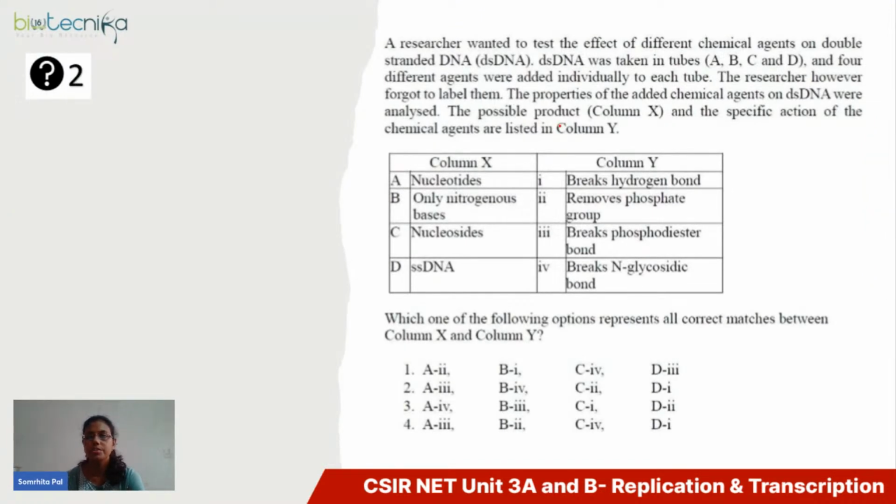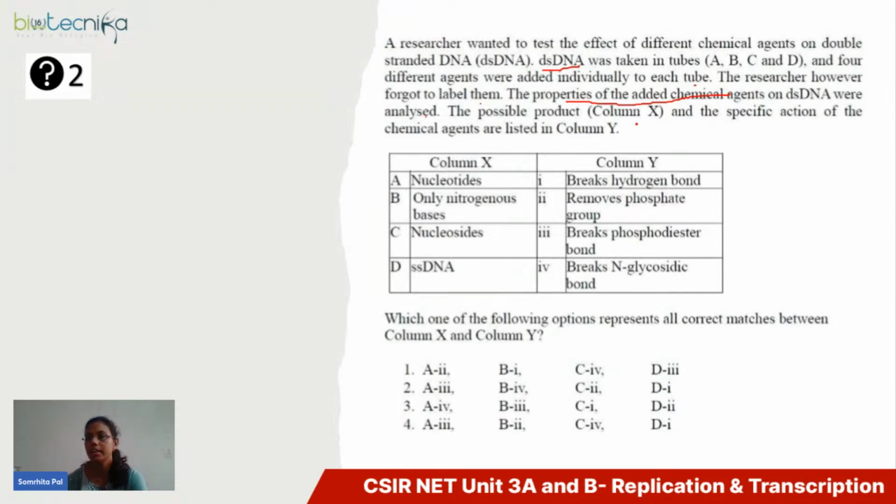A researcher wanted to test the effect of different chemical agents on double stranded DNA. dsDNA was taken in tubes A, B, C, and D, and four different agents were added individually to each tube. The researcher, however, forgot to label them. The properties of the added chemical agents on dsDNA were analyzed.